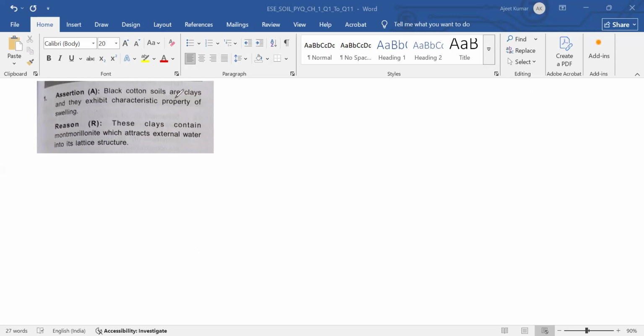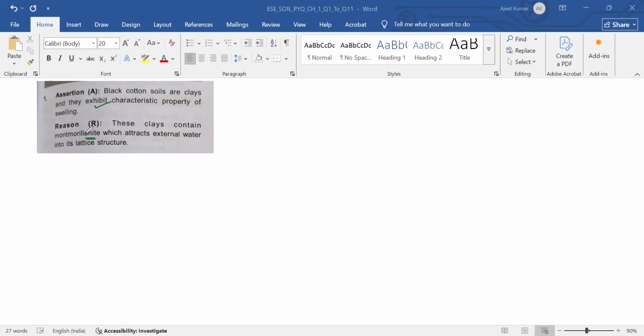Black cotton soils are clays and they exhibit characteristic property of swelling. Yes, this statement is correct. These clays contain montmorillonite, which attracts external water into its lattice structure. Yes, this statement is also correct.